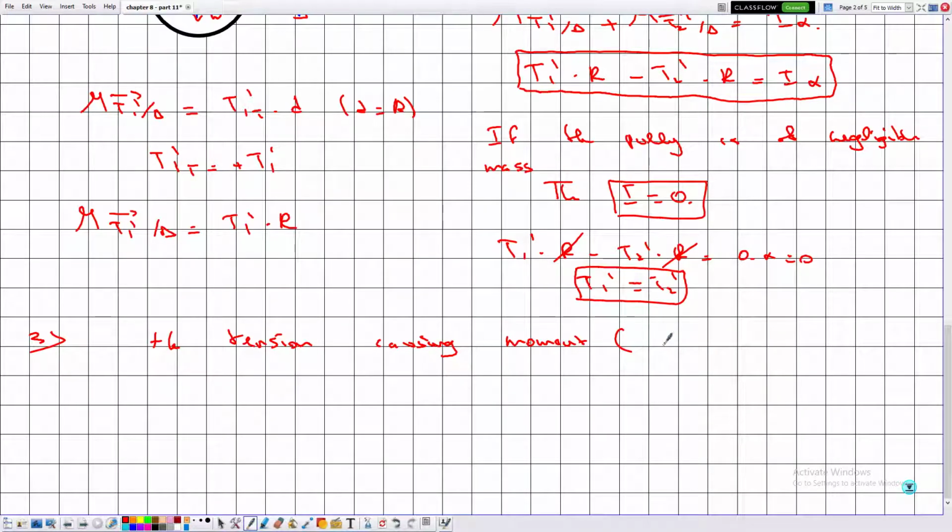So here I'm talking about the moment of a force, and specifically the moment of a tension around a pulley. By the pulley, remember that I mean a disc; the tension is always in the tangential direction.